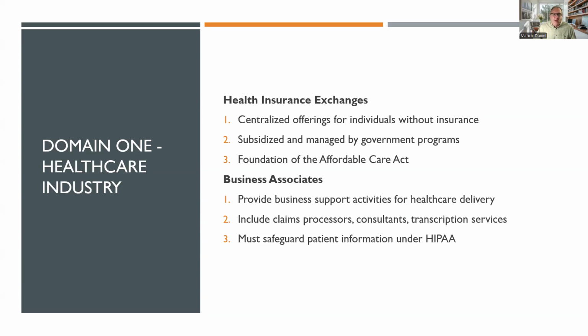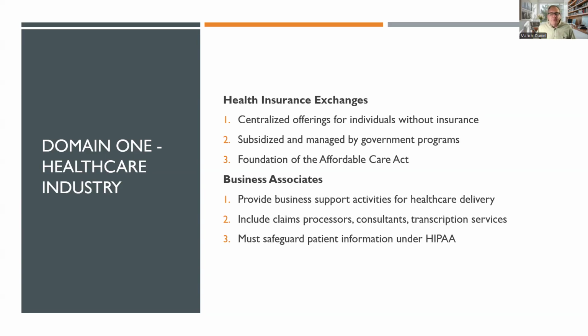Right. Health insurance exchanges. These are centralized offerings for individuals without insurance. So this came from the Affordable Care Act. So exchanges where people can go and get health insurance, and the health insurers are basically in competition on these exchanges.